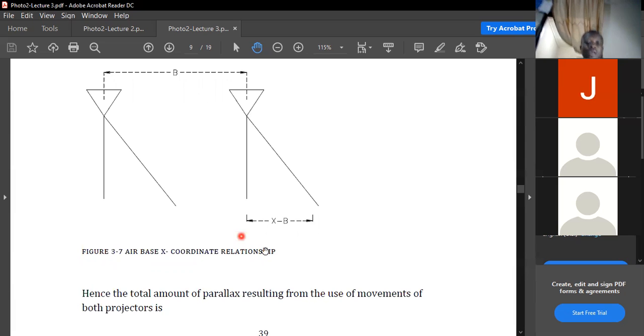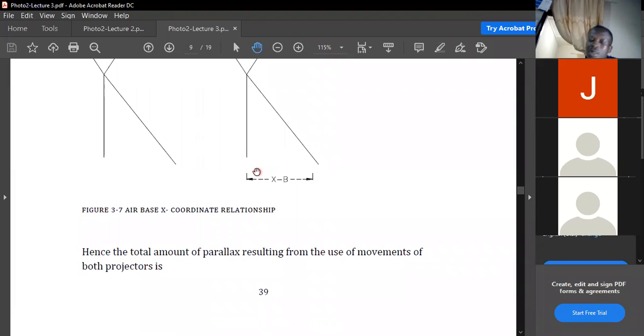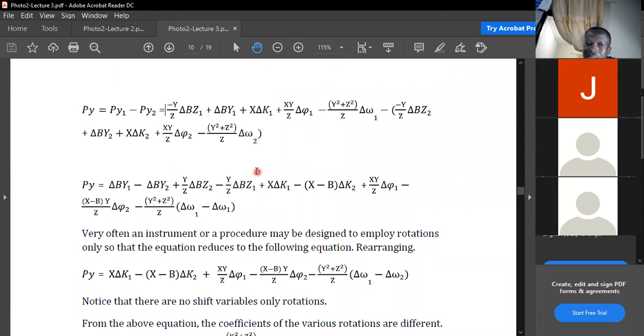So the shift is by xb. Really the difference between the left photo and the right photo is the base, which is the separation between the two coordinate systems, the model coordinate system. We have what we call model coordinates. That is what is staring at us right now.